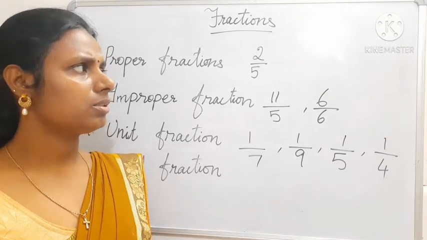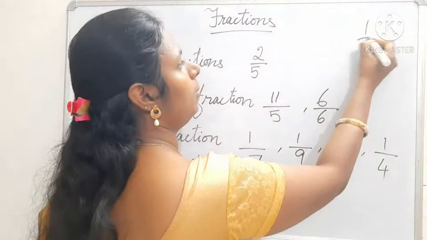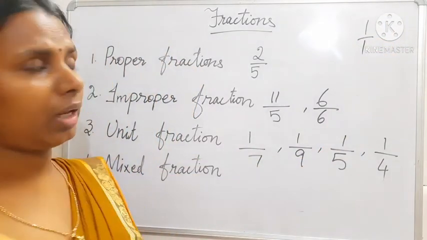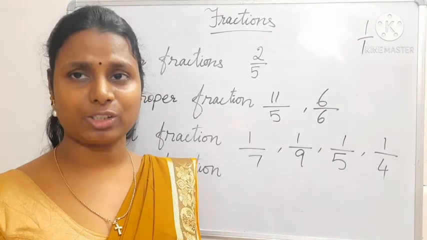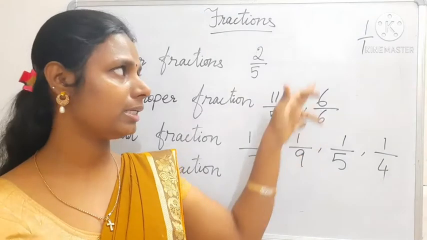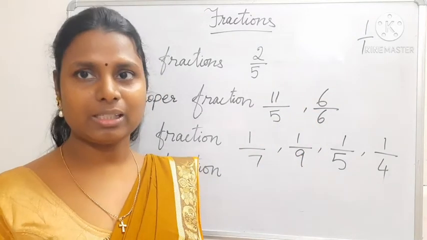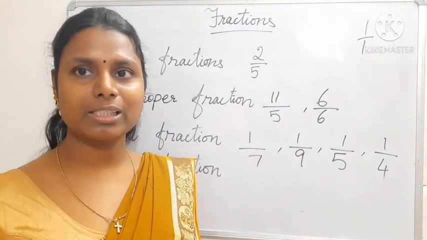Okay, in this, few students asked me the doubt 1 by 1. Ma'am, what is this? This is unit fraction or improper fraction? If we have the same number, numerator and denominator, I said that is improper fraction. Isn't it so? If in the numerator we have 1, that is unit fraction.